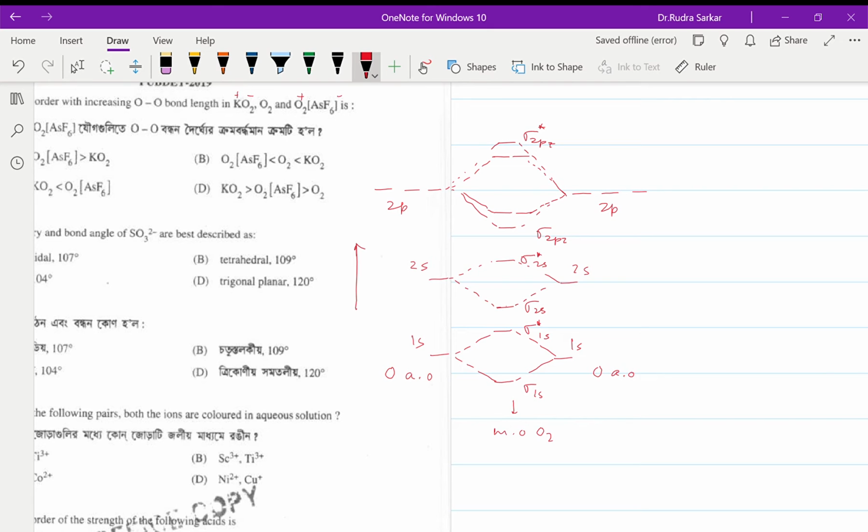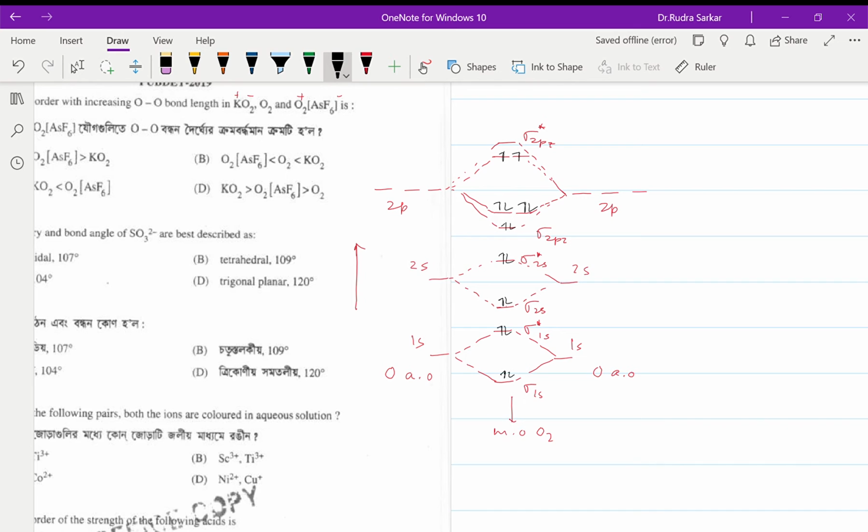Oxygen is a total 16 electron system, right? So we will fill up by filling up the lower levels first. 1, 2, 3, 4, 5, 6, 7, 8, 9, 10, 11, 12, 13, 14, 15 and 16.